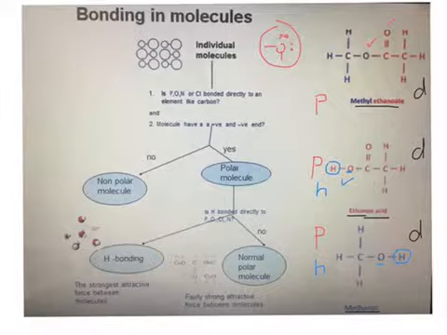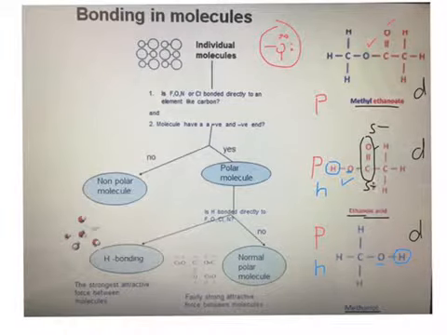We have a third type, however, present in the ethanoic acid molecule because we have this part here that also has a charge separation with that oxygen taking its share of electrons away from the carbon. So between those molecules of ethanoic acid, we also have normal dipole-dipole.